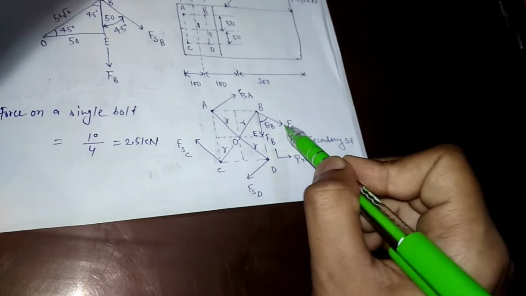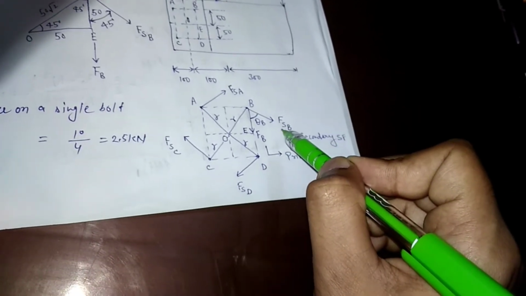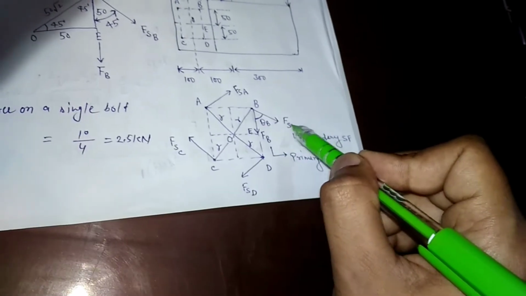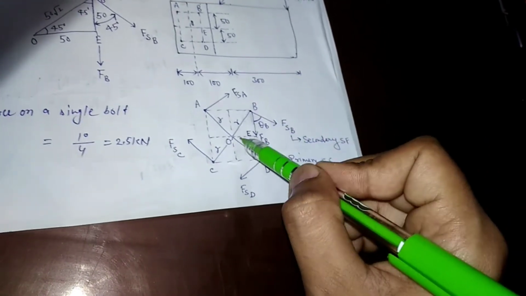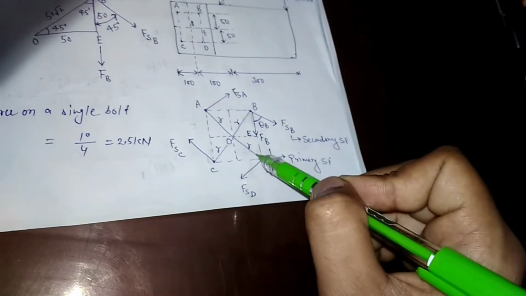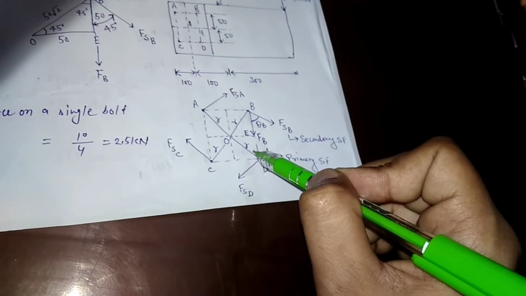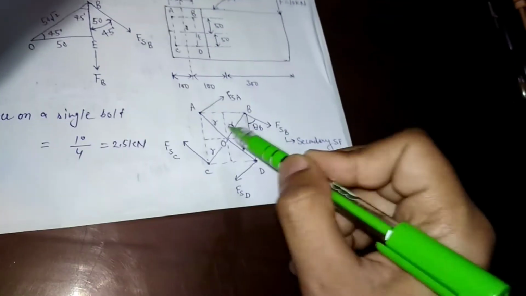So this is the secondary force which is applying on bolt B, and this is the radius of rotation. This radius is the same for all the bolts.